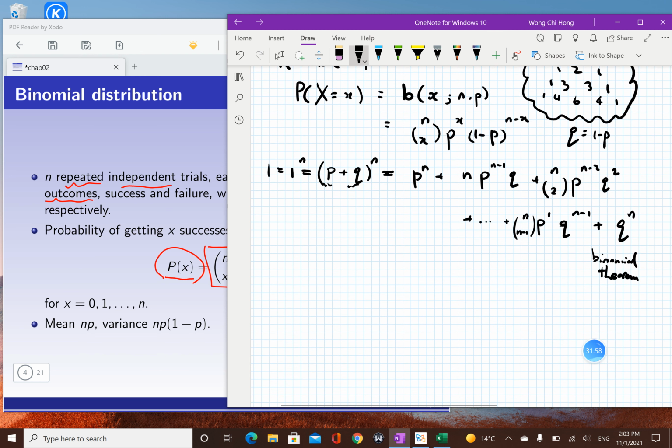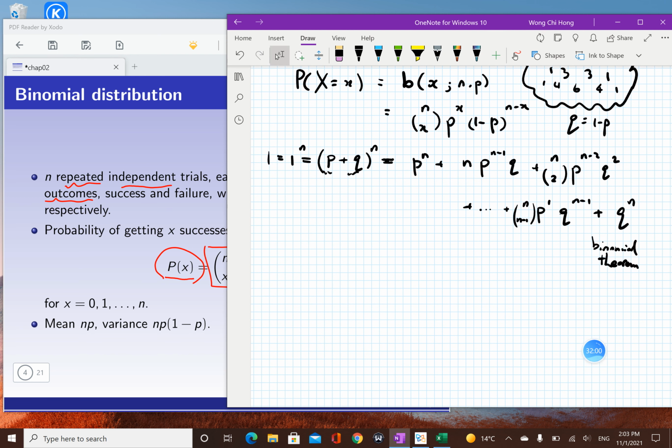But the binomial theorem tells us this, and each of these terms you probably would notice is just the probability of x being n, plus the probability of x being n minus 1, having n successes, n minus 1 of them, and all the way to 1 success and all failure.